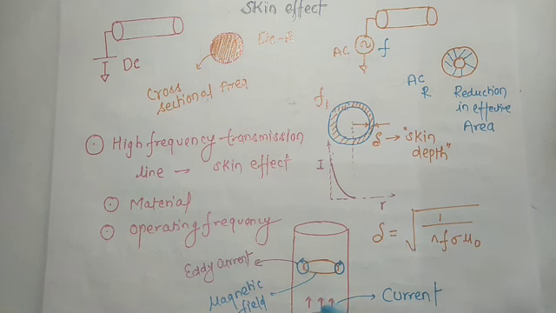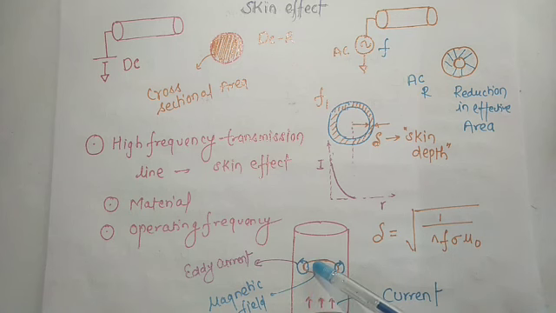Why does the skin effect come into the picture? Suppose there is a conductor and current is flowing in the upward direction. Because of the current there will be a magnetic field in the form of closed loops. I have drawn two other loops here, and these loops are eddy currents. Eddy currents always flow in the form of loops. The directions of flow of these eddy currents are opposite to each other, so they cancel each other out, meaning there is no current in the central region.